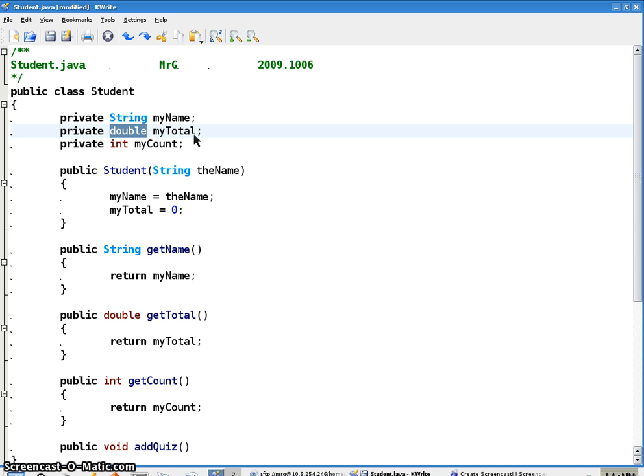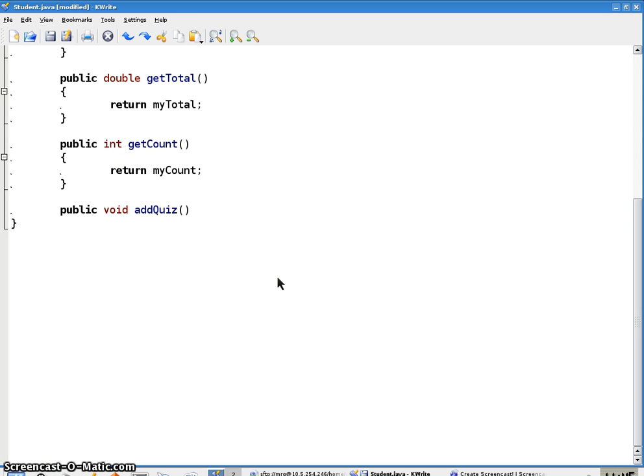Right, because when you divide my total by my count, what if they're both ints? What's 90 over 100 then? That would actually be 0, right? If you divide the integer 90 by the integer 100, how many times does 100 fit in 90 as an integer? That would be 0 times. So we made this a double on purpose, so we might as well add quizzes that are doubles too.